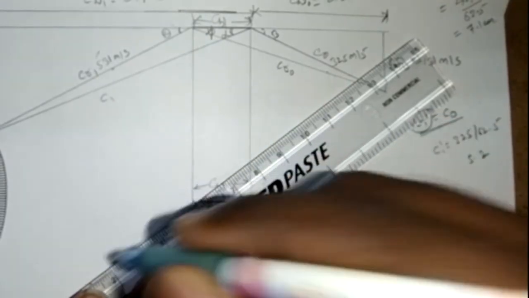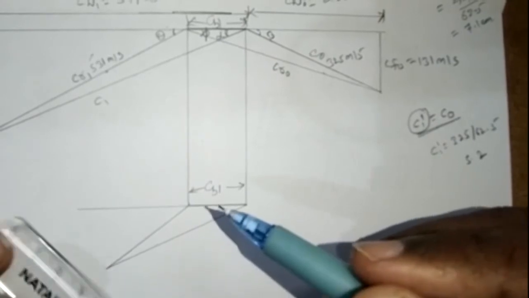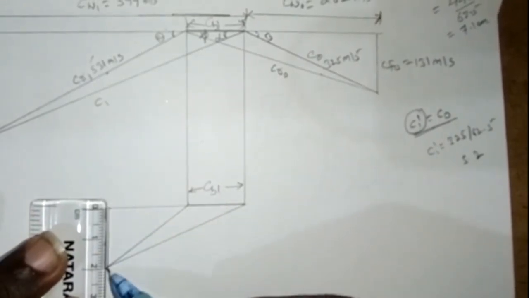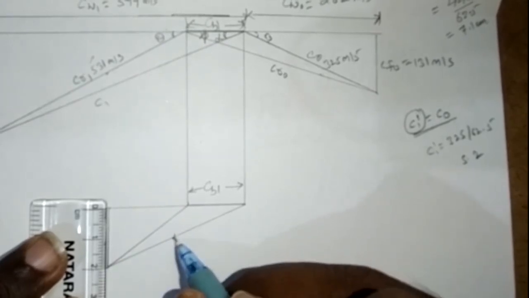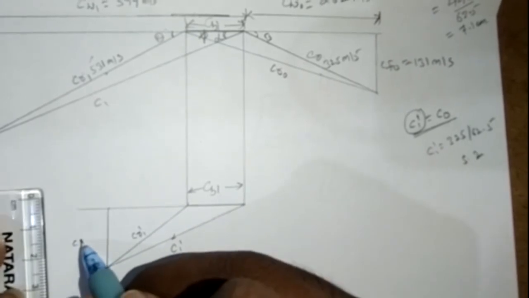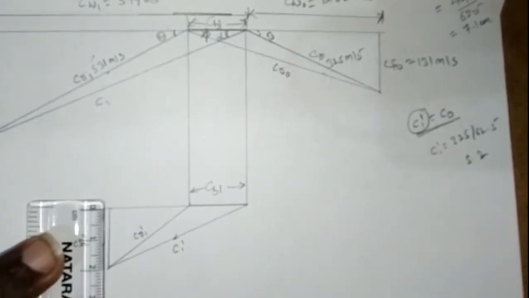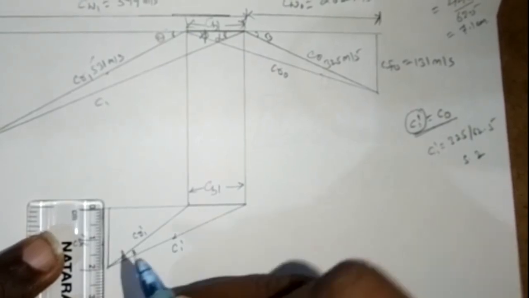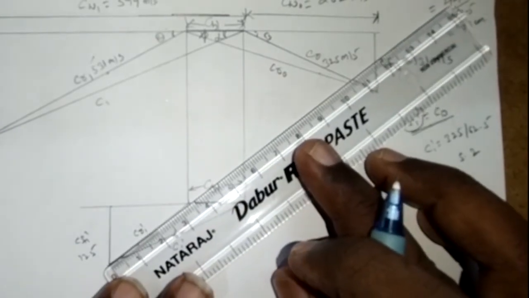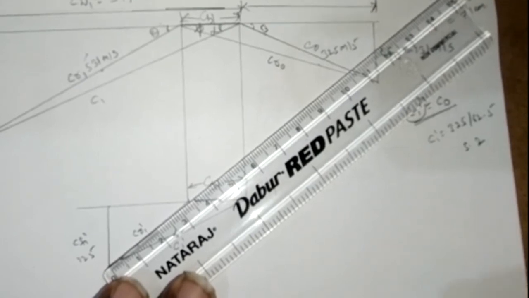So here this is C1 dash, CR1 dash, CF1 dash. The CF1 dash is 2 into 62.5, around 125. CR1 dash is 3.4 into 62.5, 212.5. I rounded it to 213. Here this is alpha dash and this is theta dash.